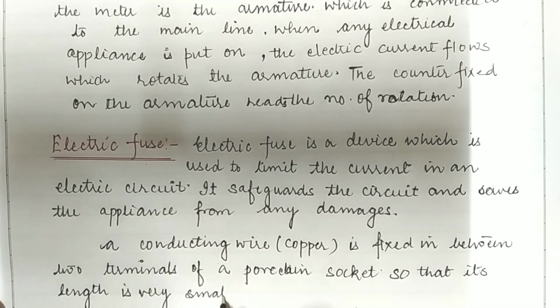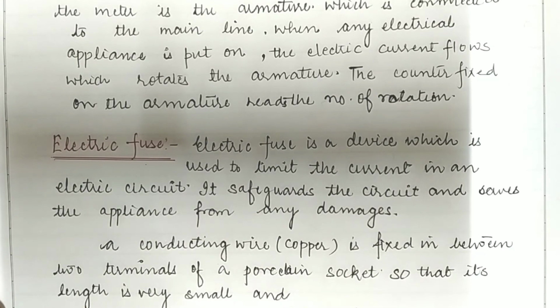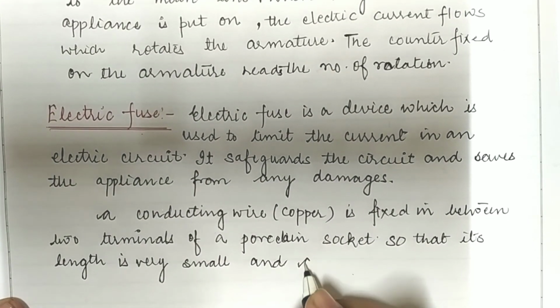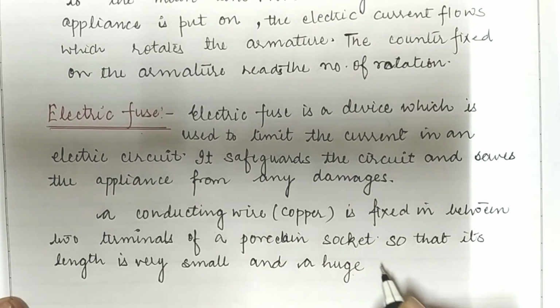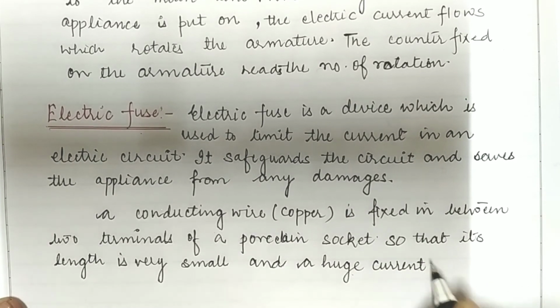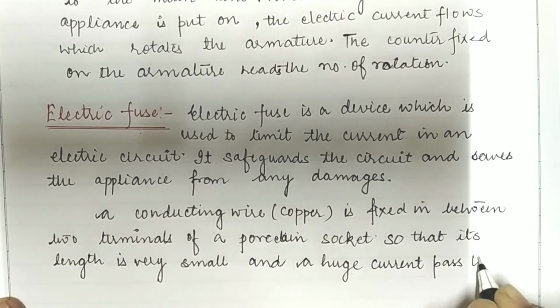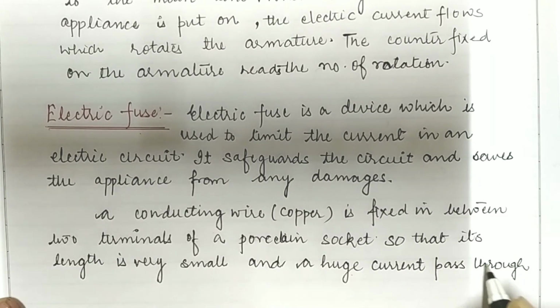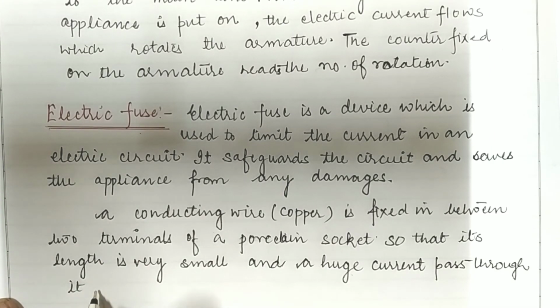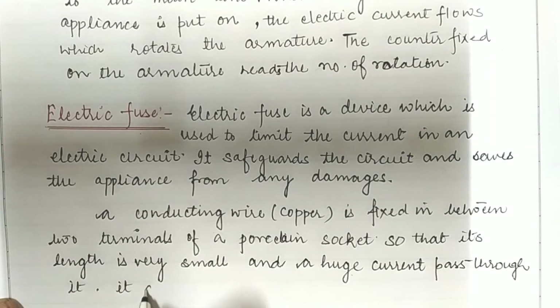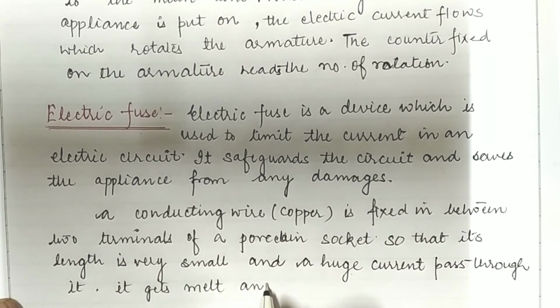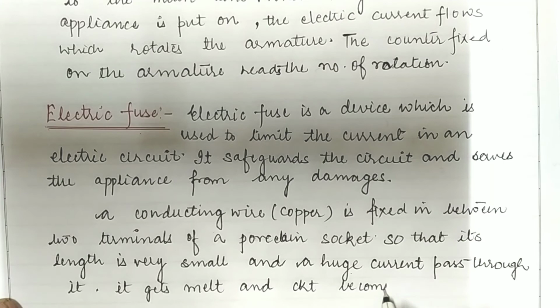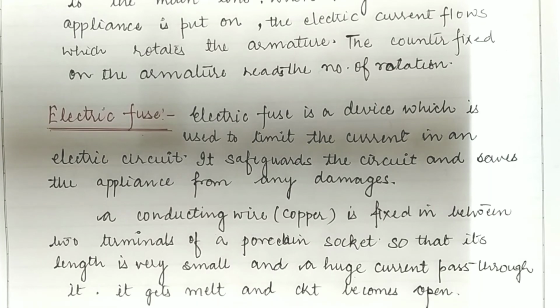As a huge amount of current passes through it, it gets melted. Okay children, at that time it melts and the circuit becomes open, and in this way we can easily save our appliances from damage.